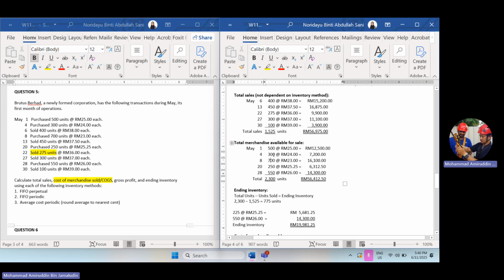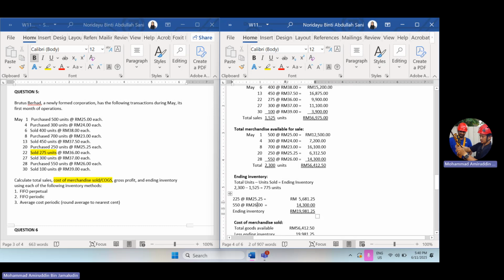So in total, this is 1,500, right? I need 1525. So another 25 from here. So my closing stock 250 minus 25, 225 at 5.25. And then this one, I don't use. So I just show the total. So my end inventory 9981.